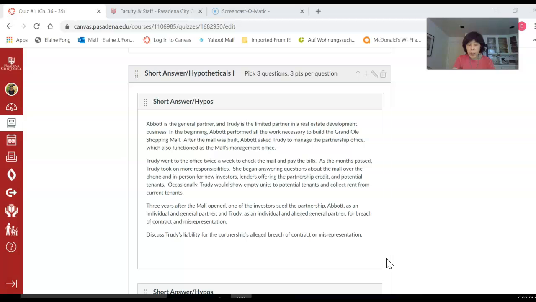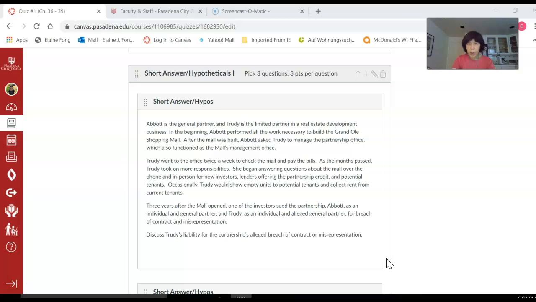She begins showing the empty units and she starts collecting the rent. So she starts to do a lot more managerial work for the partnership. 3 years pass, and the mall gets sued. So Trudy, what is her liability? That's the question that's been posed here.